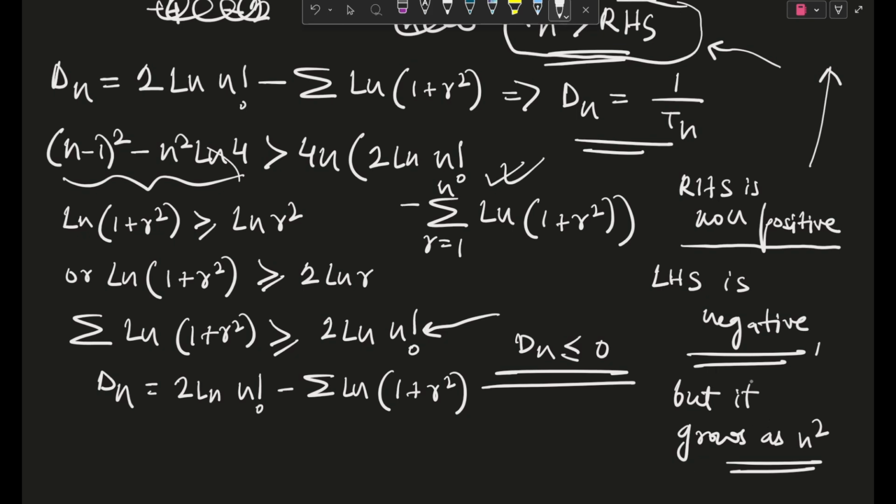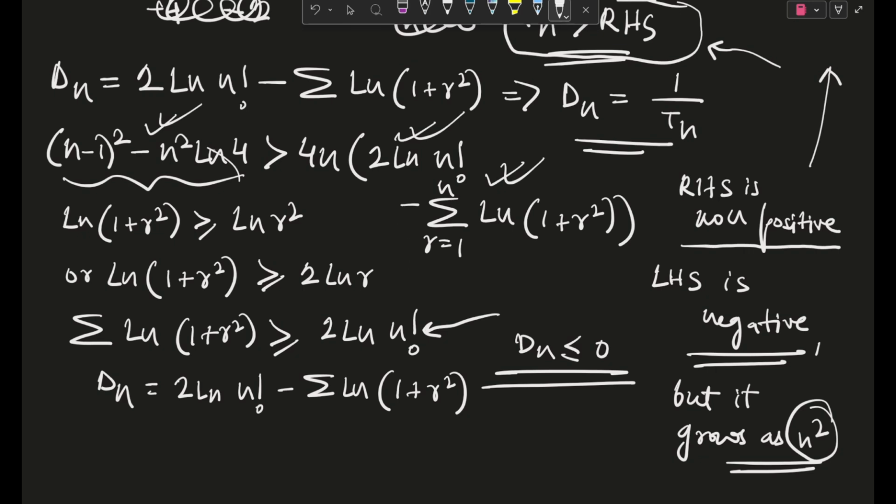And the reason is that, if this grows as n square, now try to understand, I am coming to the original thing again that we did previously: this particular left hand side is actually less negative than this particular right hand side. Just cross multiplying that particular thing, we eventually got the same result.